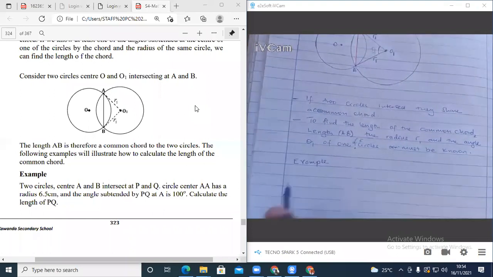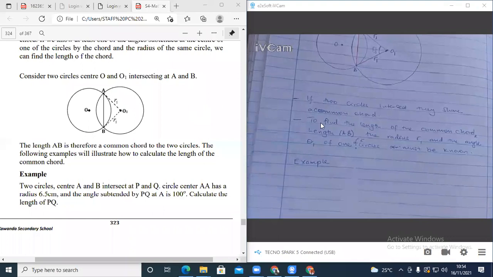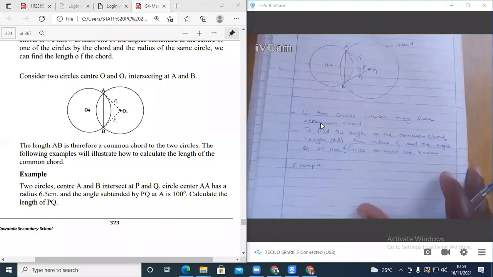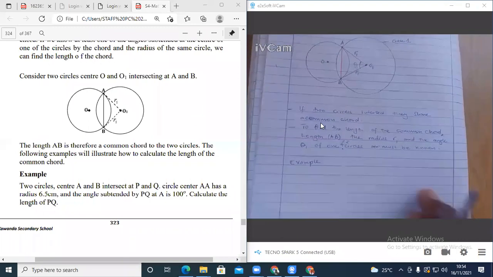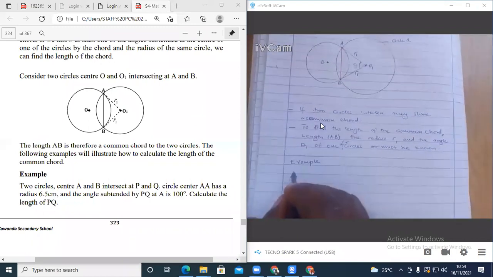Okay. So we're having an example there, and the example says: two circles, A and B. We all write.